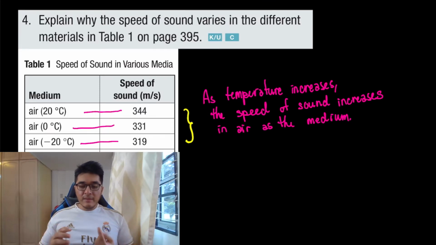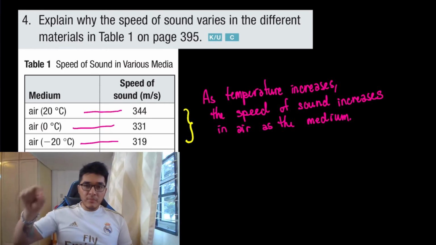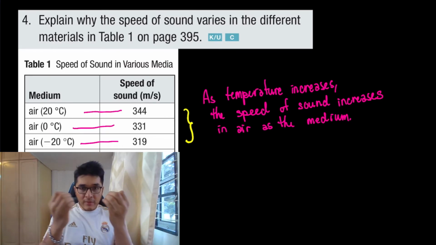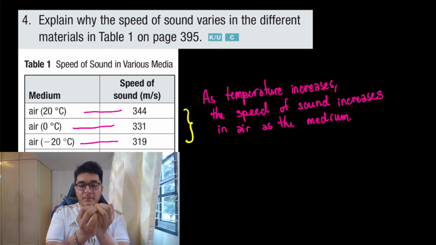Now remember, sound is just an example of waves, and waves are a transfer of energy. And temperature is a measurement of the motion of particles. So if the temperature is really high, the particles are moving about really quickly, and the likelihood of collisions is much higher. When the particles collide, that's when they exchange energy.